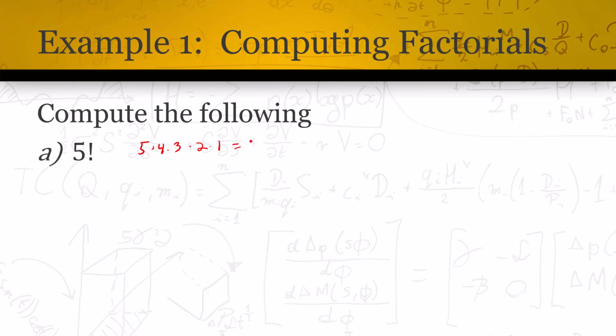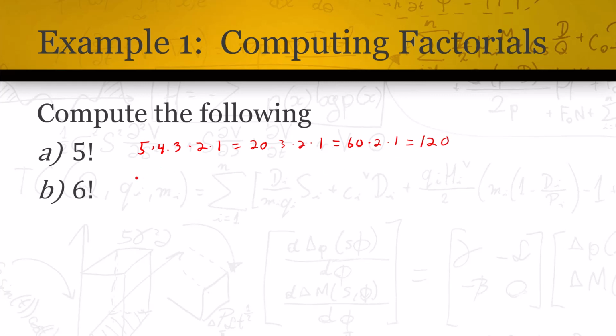So 20 times 3 times 2 times 1. 20 times 3, well, that is 60. 60 times 2 times 1. And then 60 times 2 is 120, and then 120 times 1 is 120. So we have that 5 factorial is 120.